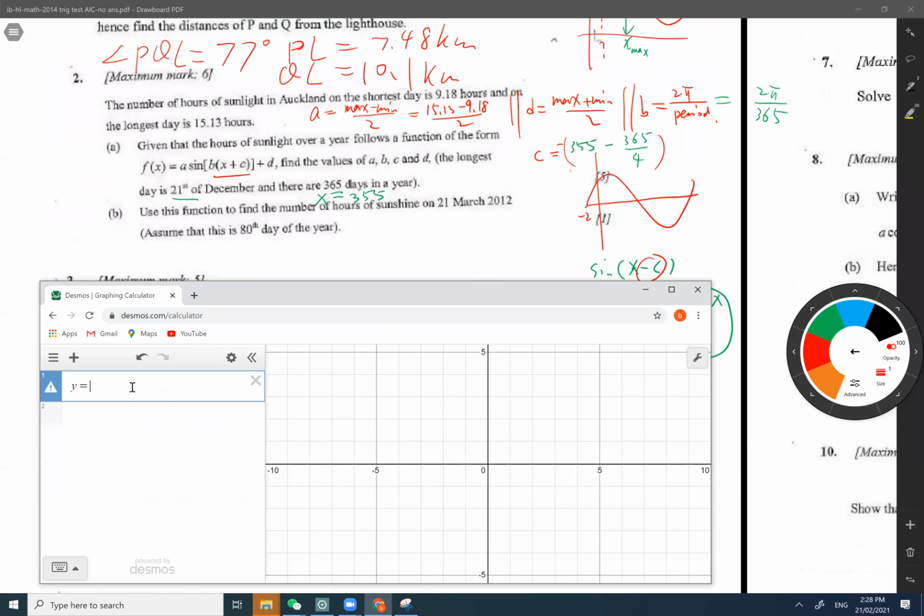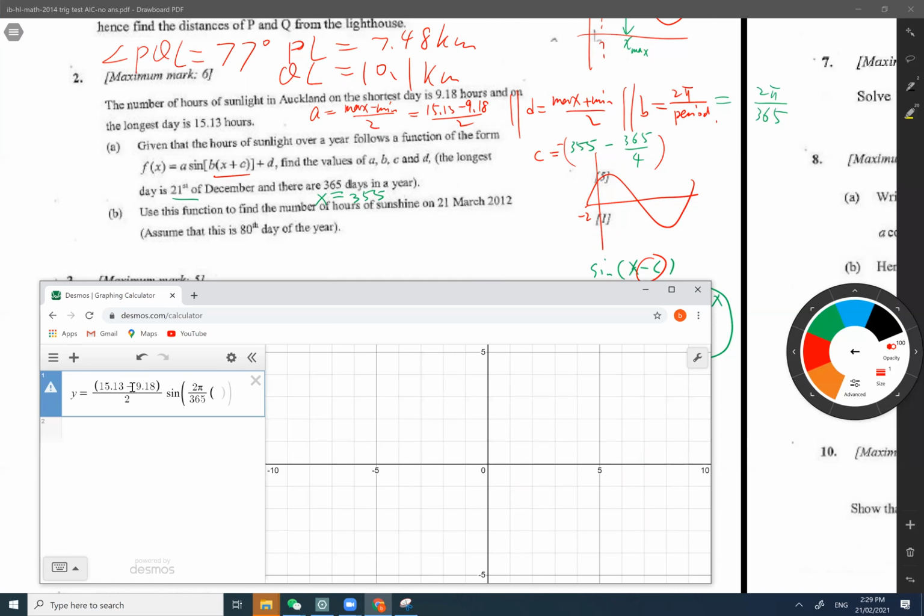Y equals A sine, where A is 15.13 minus 9.18, divided by 2. B is 2 pi divided by 365, wholly.